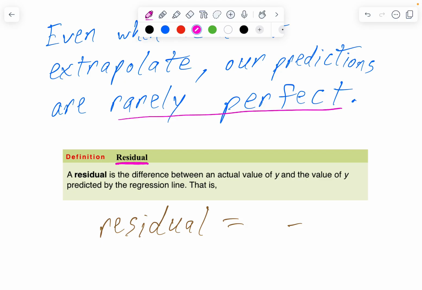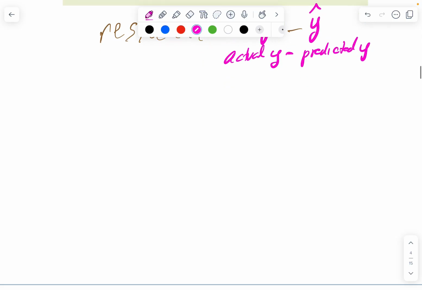The residual is the difference between the actual value of Y and the Y predicted by the regression line. Or in symbols, residual equals Y minus Y hat. It's the actual Y value, what really happened, minus the predicted Y, what our equation predicted would happen.